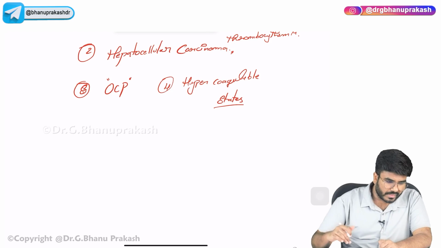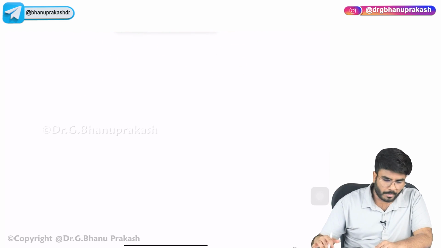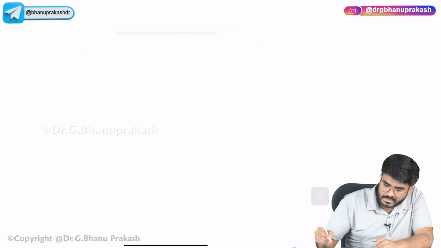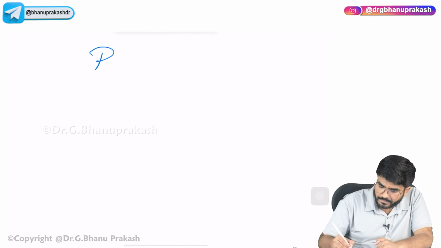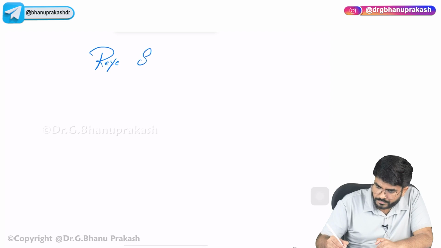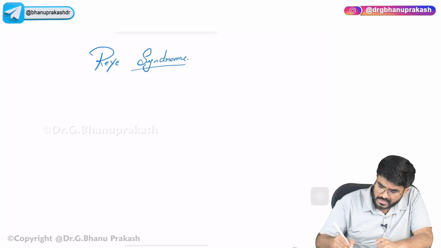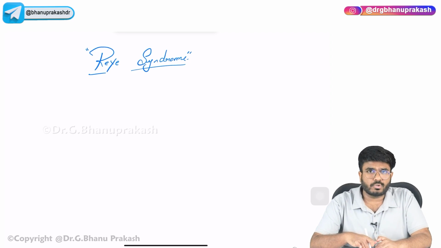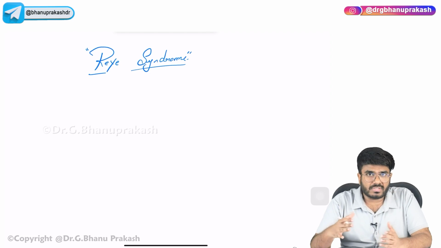Okay. Now after this, the next topic which I want you to know is called Reye's syndrome. Reye's, R-E-Y-E. So what exactly is this Reye's syndrome? We don't exactly know why Reye's syndrome is happening, the cause is unknown.